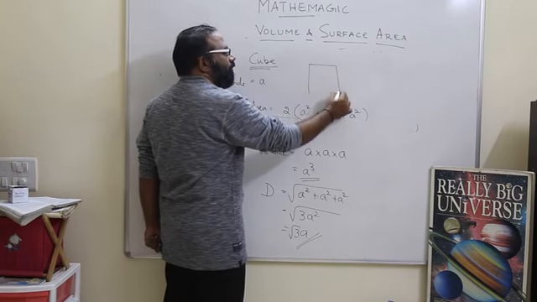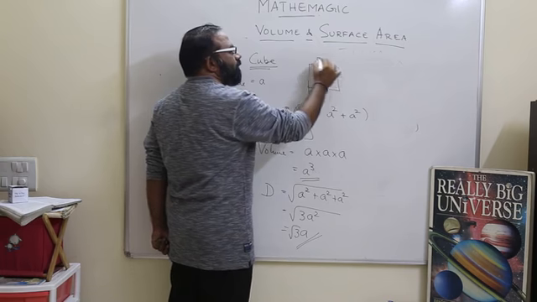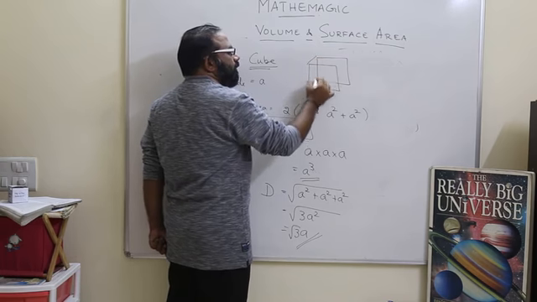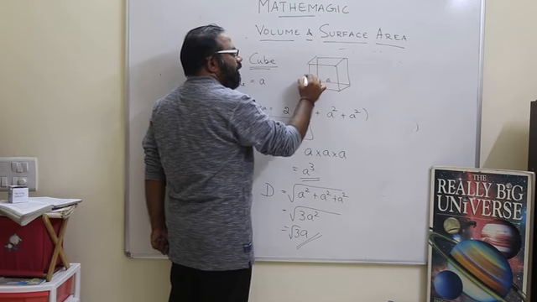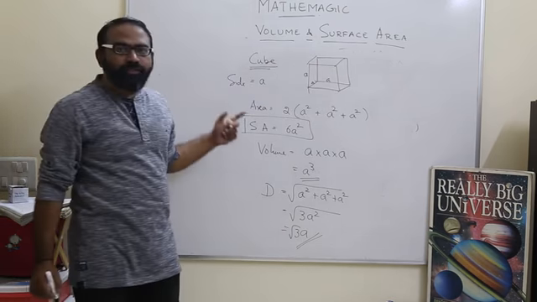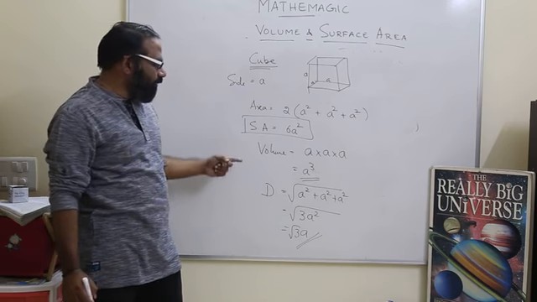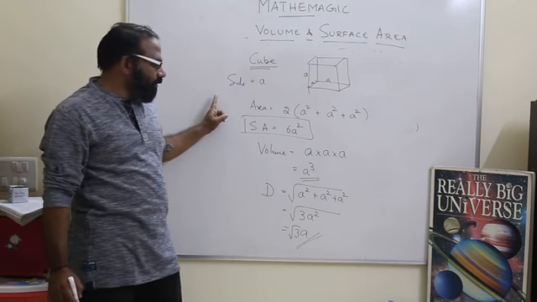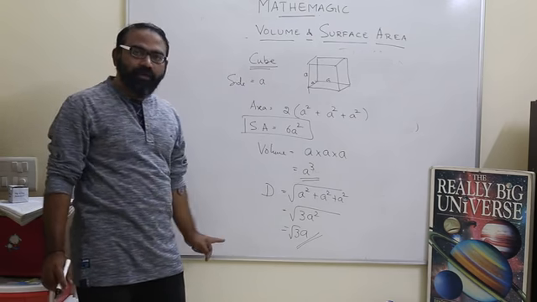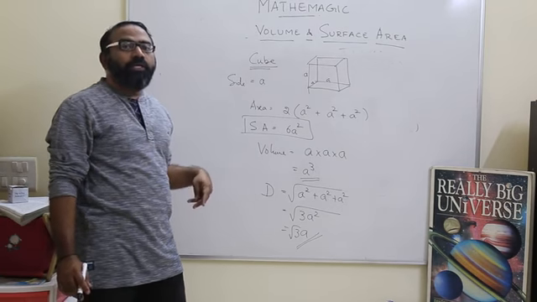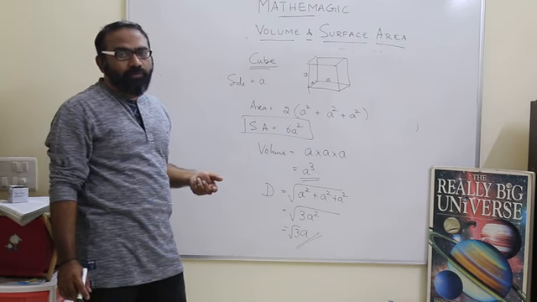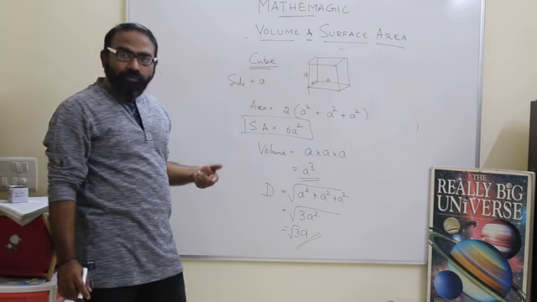So I want to draw this cube, it's like this, with sides A and A. Here we have seen the area, the volume and the length of the diagonal of the cube and the cuboid. Now let us look at solving some problems in our next session.